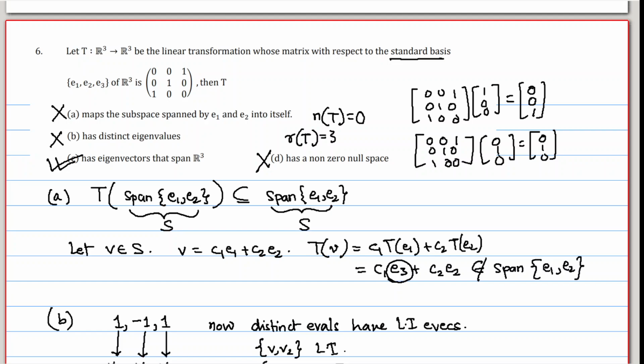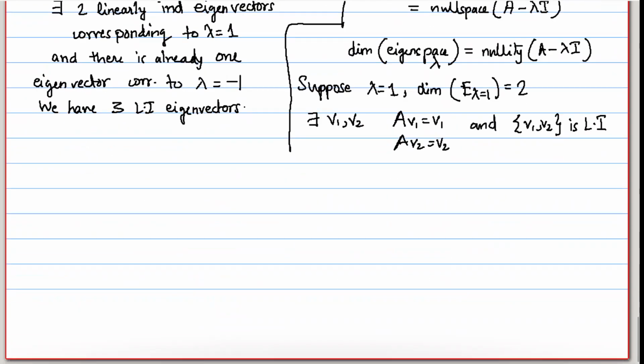Yes. Okay, let me just think about it. So, what are you saying? Basically you're saying that if T is invertible, right? Yes.